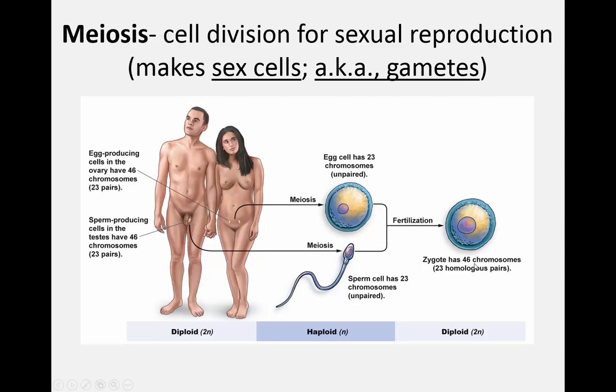So if an individual has 23 pairs of chromosomes in all of their body cells except their gametes, then when the gametes fuse, so when fertilization happens, in other words, when the sperm fertilizes the egg, then that results in one cell called the zygote having 23 pairs or 46.